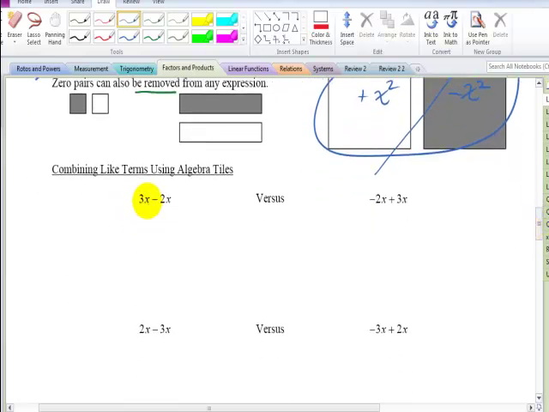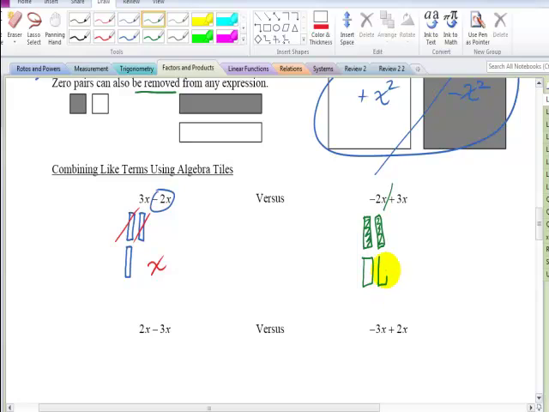So let's draw 3x, please. Now I want you to take away 2x's. So you just take them away, and what's left over? X. Now there's another way to look at this, is you could start with a negative 2x. And then you could add 3x.